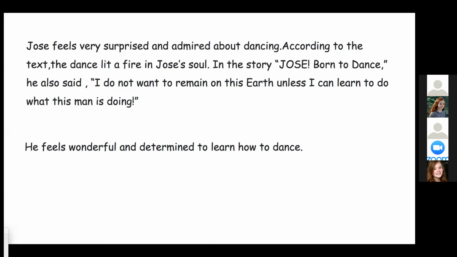Yes. So what's one of the examples from the text here? He said, I do not want to remain on this earth unless I can learn to do what this man is doing. Okay, good job. So this is an excellent example of using details from the story. Okay, thank you, P. And Elsa, is there another detail or example from the story in this answer?